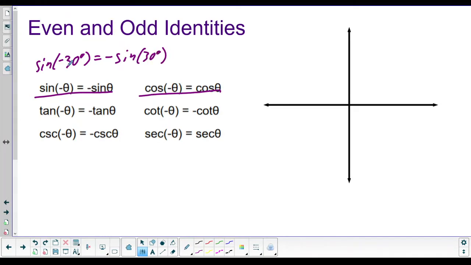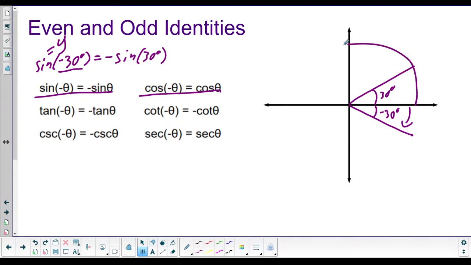Okay, so let's first look at negative 30 degrees. That is right about there. So there's negative 30 degrees, which just means we went 30 degrees in the clockwise direction. So 30 degrees would be right here, just going 30 degrees in the counterclockwise direction. So this says sine of negative 30. Remember, sine is the y value of the ordered pairs on our unit circle.